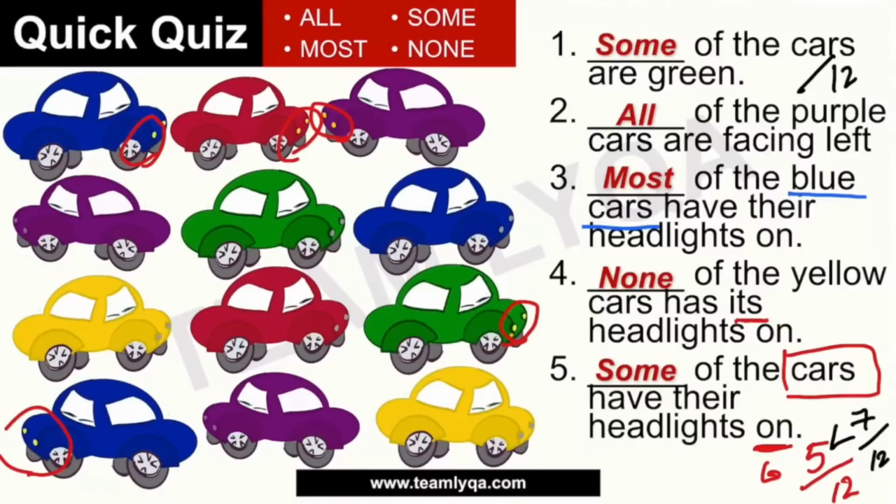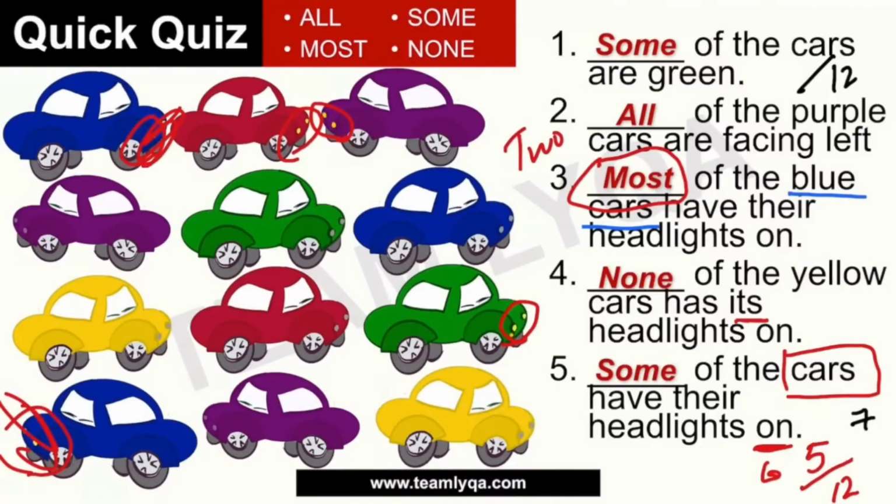Okay? Now, just a quick little side note then right here. Itong number 3, which is sabi natin most of the blue cars have their headlights on. Dahil ang mga kotse na nakabukas ang headlights na blue ay actually 1 and 2, dalawa sila, pwede mo na rin actually sabihin instead of most na just 2. 2 of the blue cars have their headlights on.